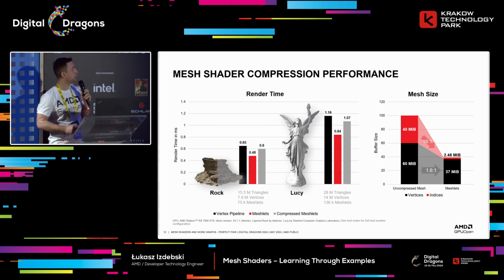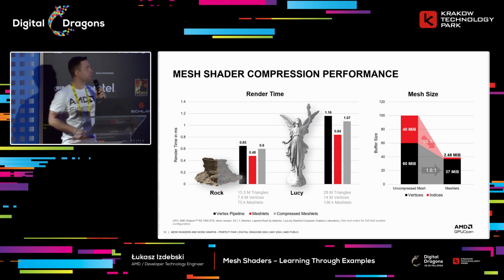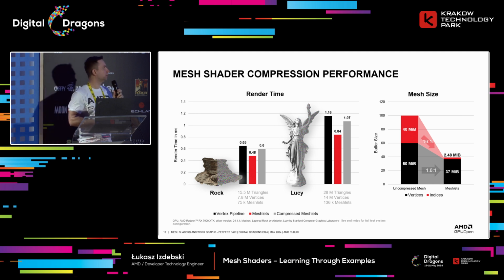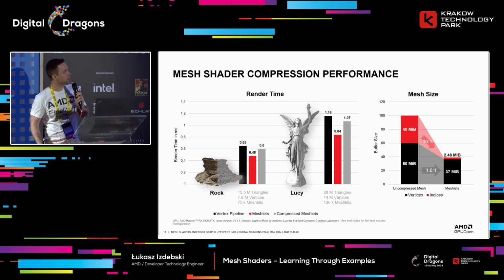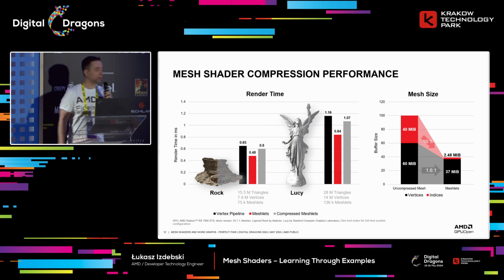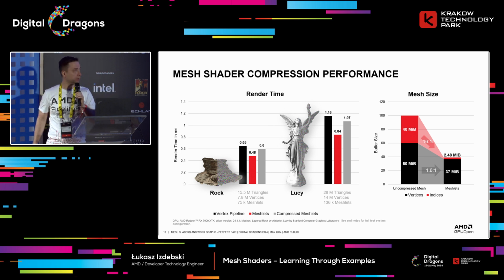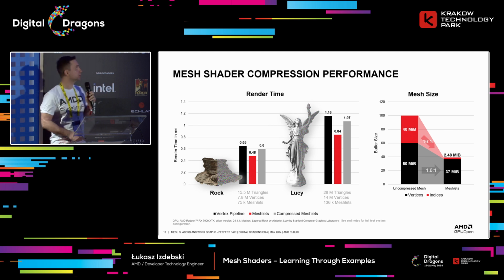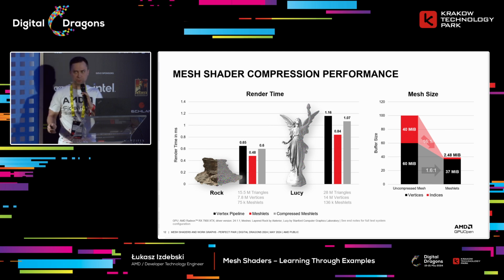When we're rendering Lucy or Rock with the compressed data, we are even a little bit faster than when rendering those models using a traditional pipeline. When we drop the compression and just render those models using mesh shaders, you can see we are approximately 20% faster.